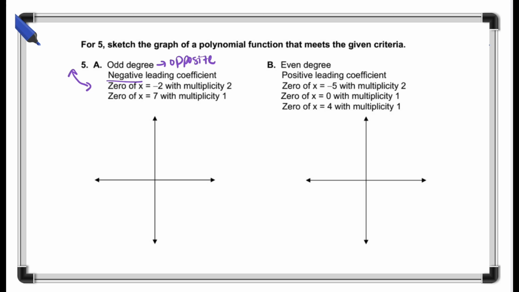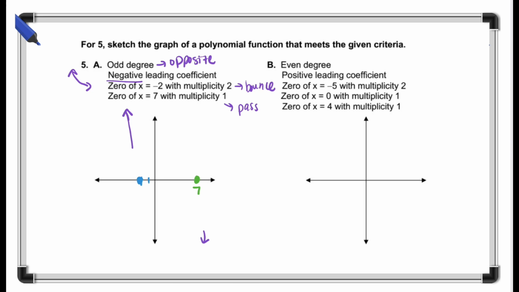So we're going to go ahead and figure out that we are looking at -2. Multiplicity is going to bounce. You're going to have a 0 of 7, and that will pass. Okay. So what we're doing is we know that the ends have to be opposites of each other due to the odd degree, and we have a negative lead coefficient. So I know I'm going to start up here, and I have to end down here.